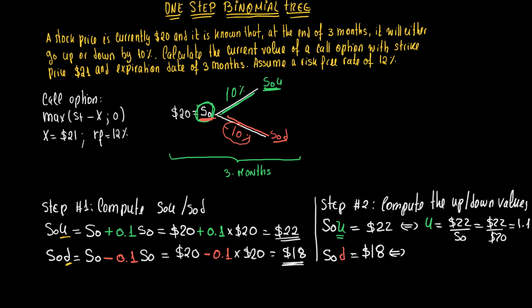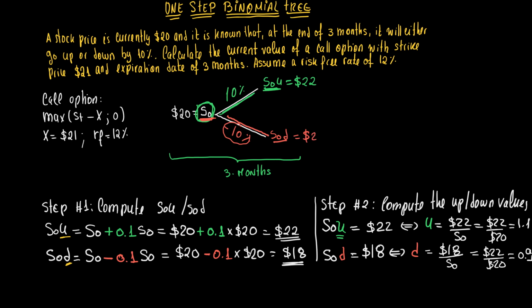If we solve in terms of d, we find that this is $18 divided by the current stock price, which is 20, and this equals 0.9. So we found the up and down values. We can already write the stock prices in our tree. We have here 22, and we have here 18.